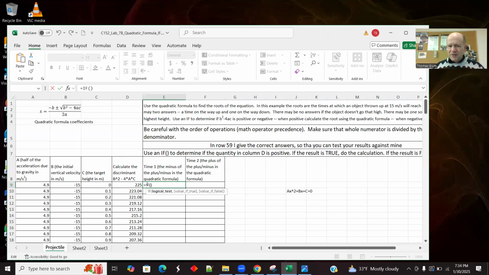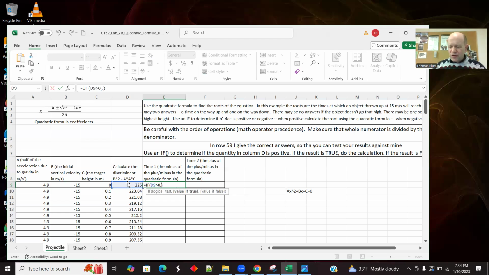We want it to be positive, and that means greater than 0. So my question is, is this D greater than 0? And I could do greater than or equal to. I'm probably never going to get exactly equal, so it probably doesn't matter anyway.